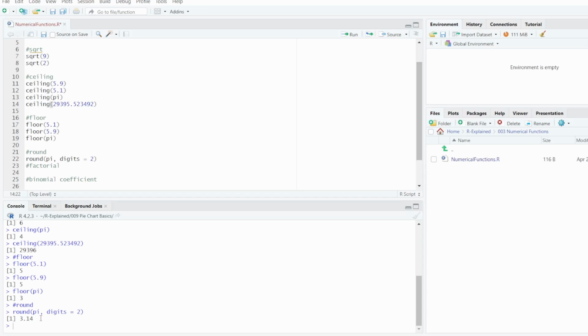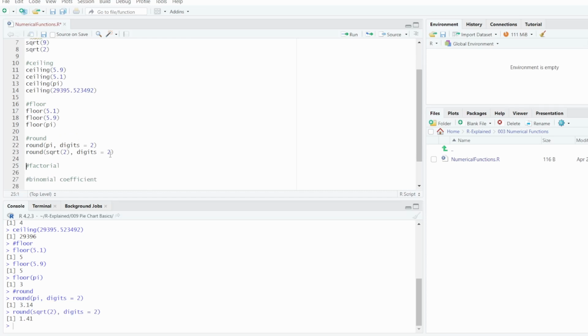And now we have 3.14. We could also say, for example, round the square root of 2 and again 2 digits, and it's 1.41.